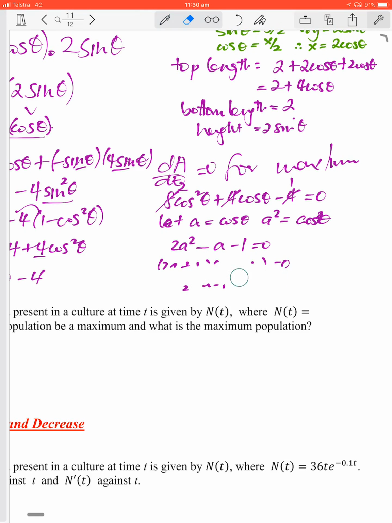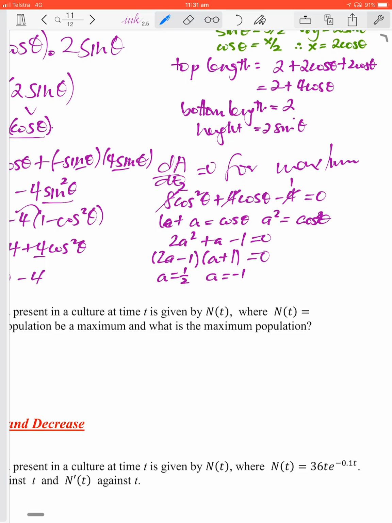Okay, so if that's a plus, I have 2a squared plus a minus 1 equals 0, 2a minus 1, a plus 1 equals 0. So you get a equals 1 half, or a equals negative 1.